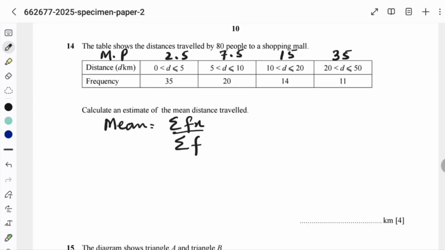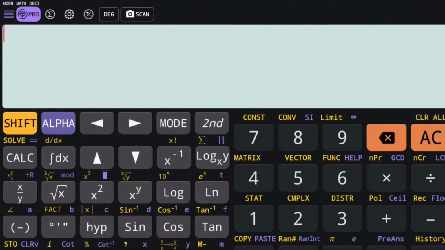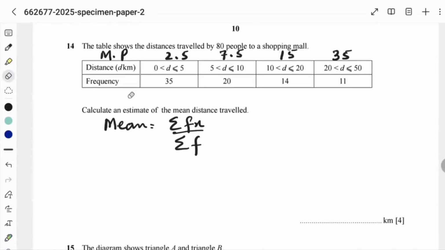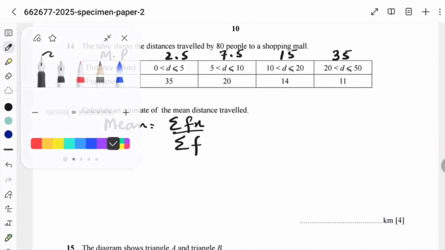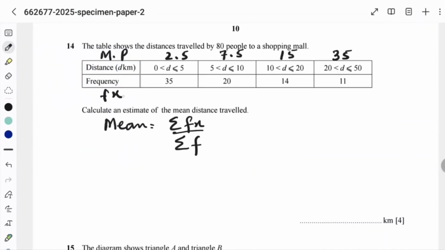For fx, you multiply f into x. You can make a table and write it there, or you can do the calculations directly. I'm making the table and finding the values. 35 into 2.5 is 87.5.